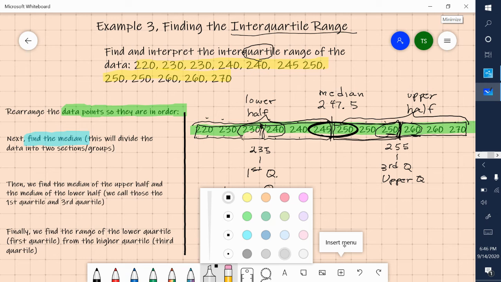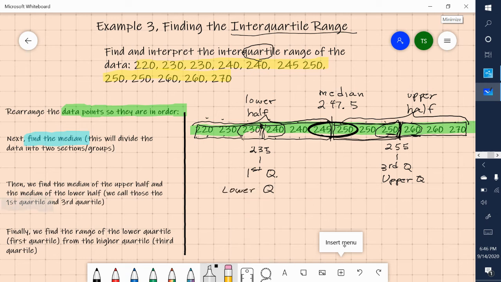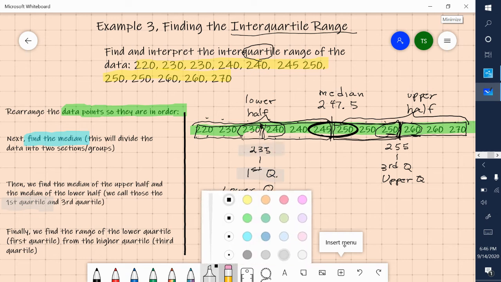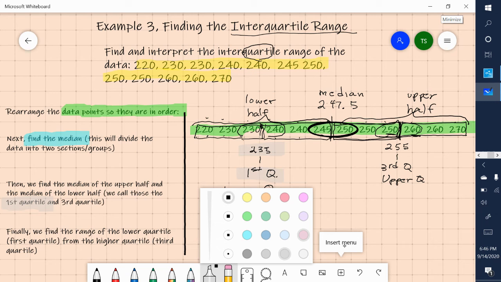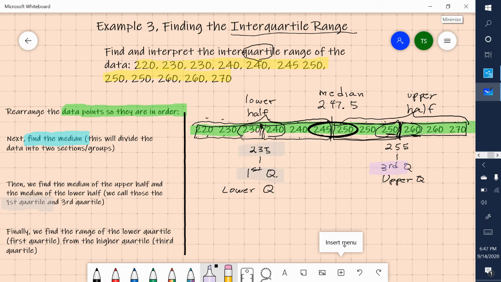We want the first quartile, which was here, which is 235, and we want our upper quartile, or our third quartile, which is right here, and it was 255. The final step is to find the range of 235 to 255, and that's our interquartile range.